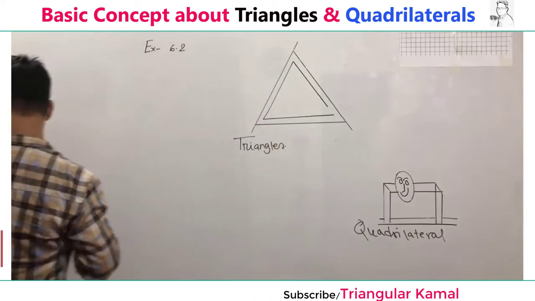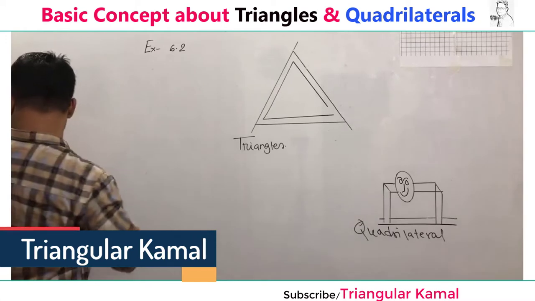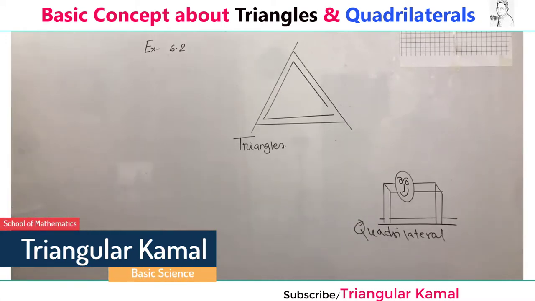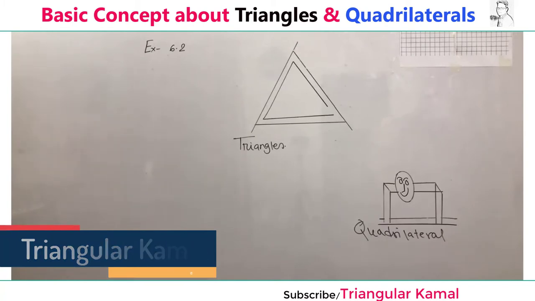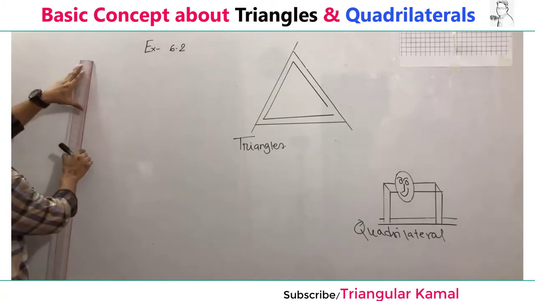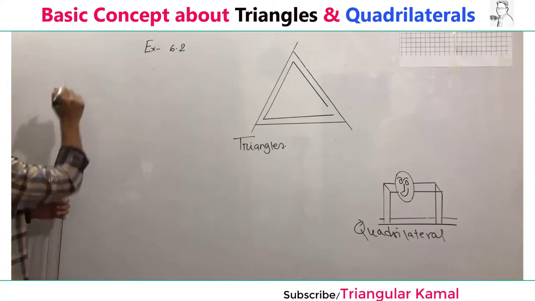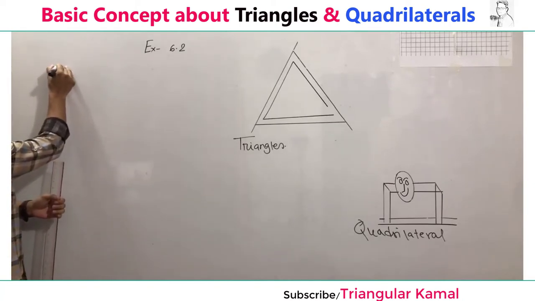So basically in exercise 6.2, we see here 3 types of triangle. The first one is the triangle according to the sides.